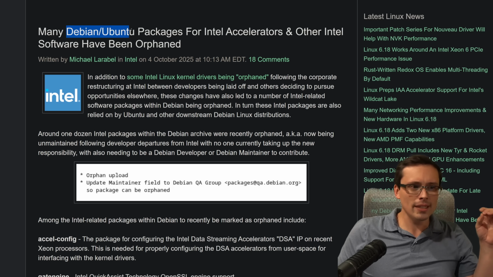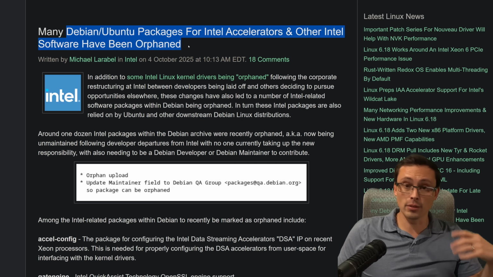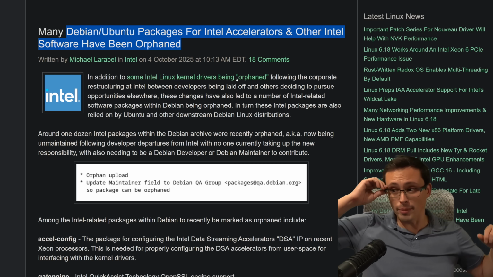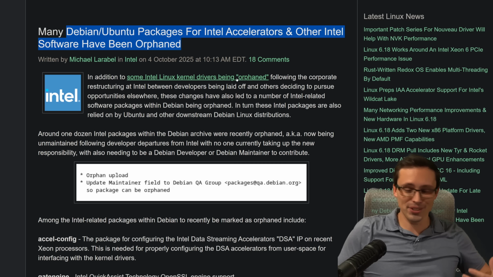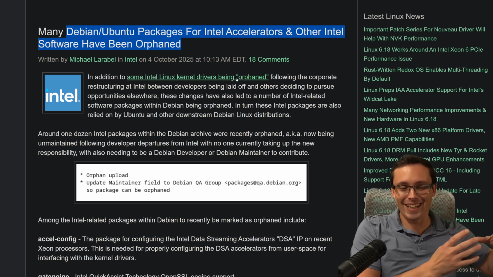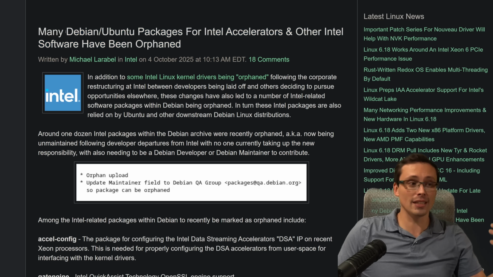So many Debian and Ubuntu Linux packages for Intel accelerators and other Intel software have now been orphaned, meaning, so I'm by no means a Linux expert, but my understanding is that different entities and individuals work on updates to the kernel, which then get adopted into various Linux distributions like Debian and Ubuntu.